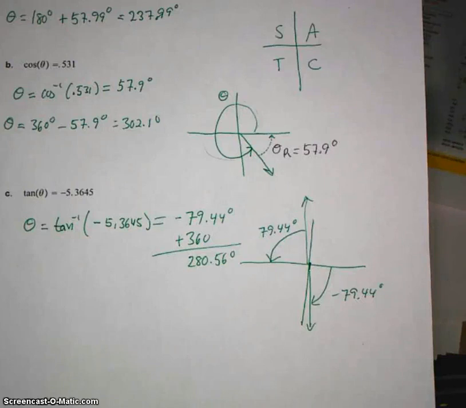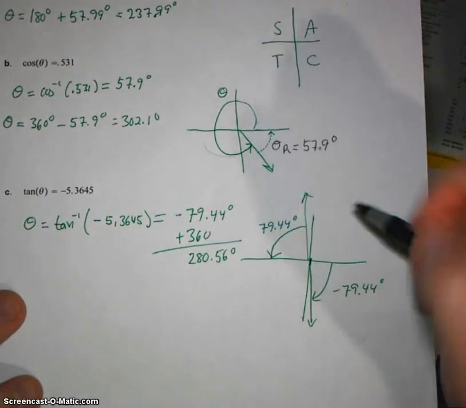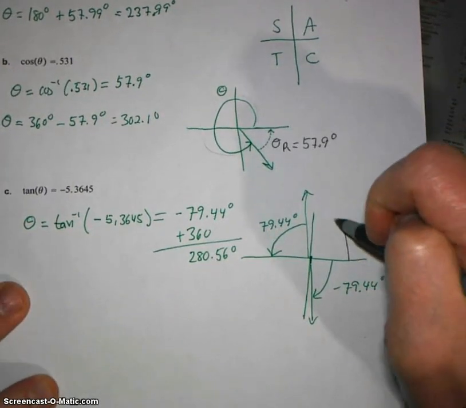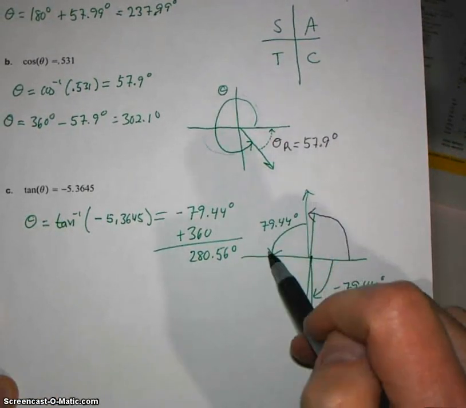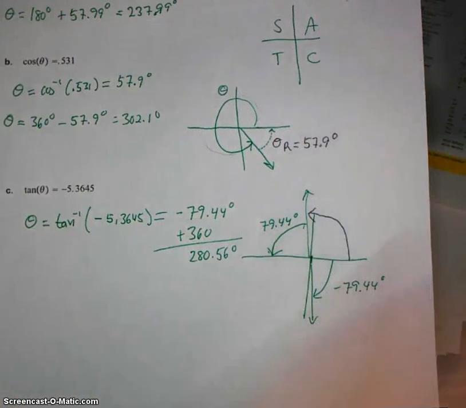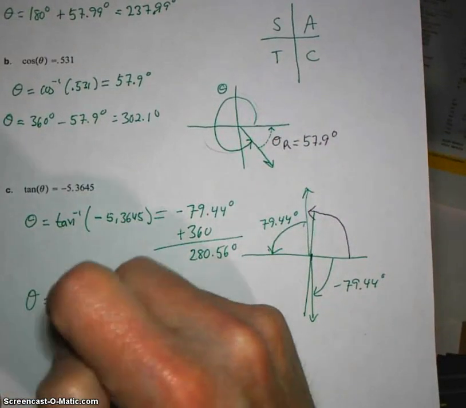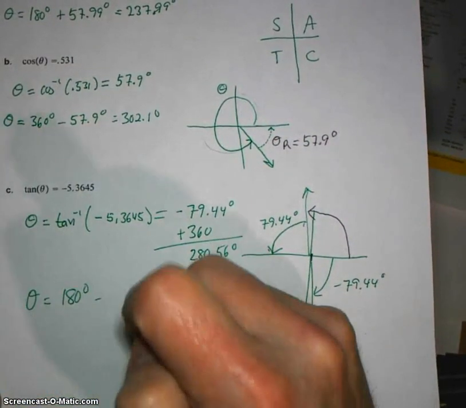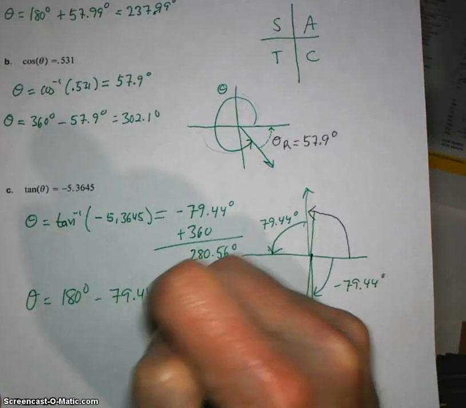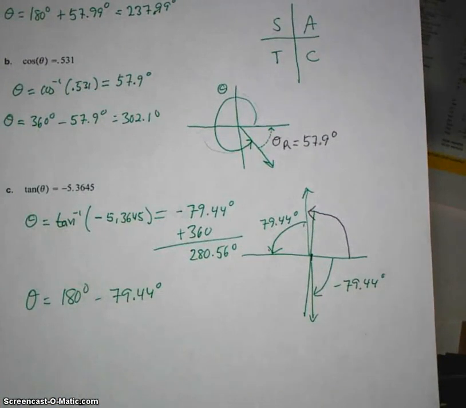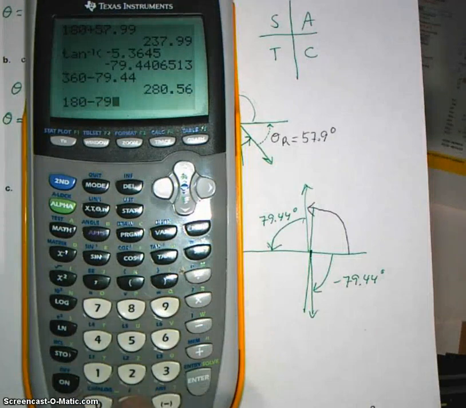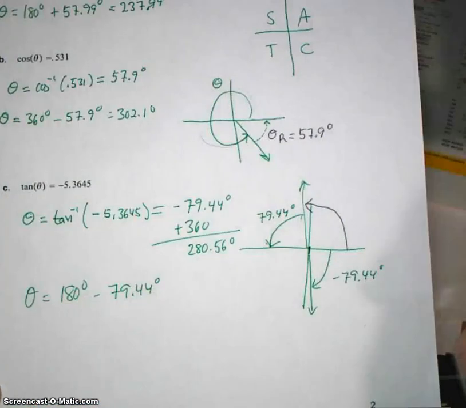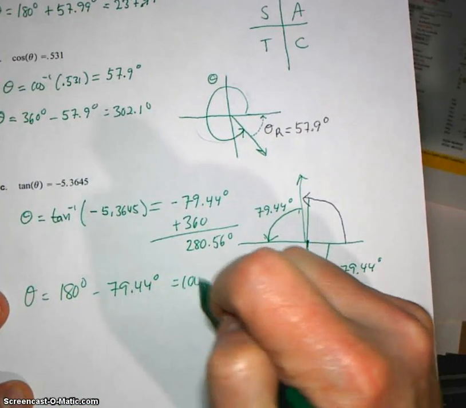So we know that angle, 79.44 degrees, we want this one. So we're going to go halfway around, 180 degrees, and subtract the 79.44. So our other answer is 180 degrees minus 79.44 degrees. 180 minus 79.44 turns out to be 100.56 degrees.